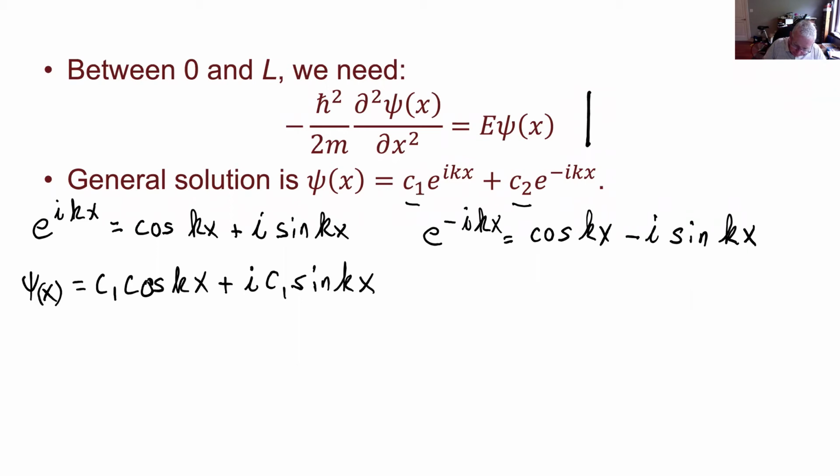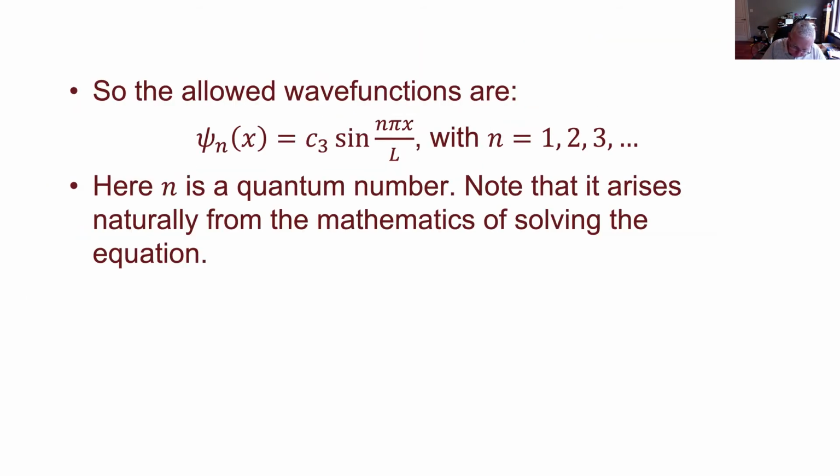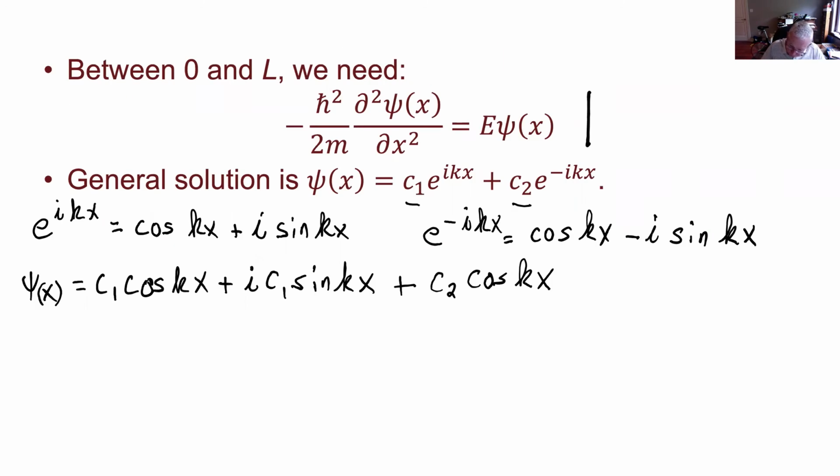And then I'm going to have plus C2 times cosine kx minus i C2 times sine kx.